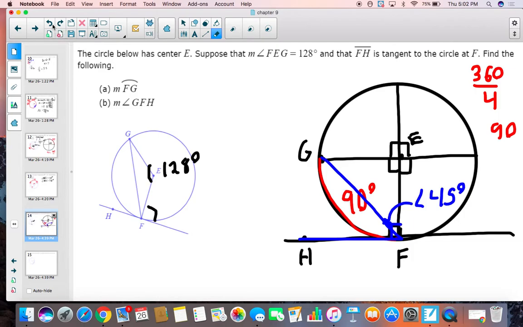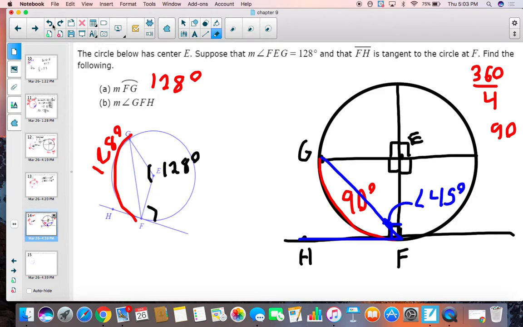Well, in the previous problem, we knew that the arc angle is going to be equal to the central angle of the intercepted arc. So we have 128 degrees for FG. I can write that up here too. And then it's saying find GFH.